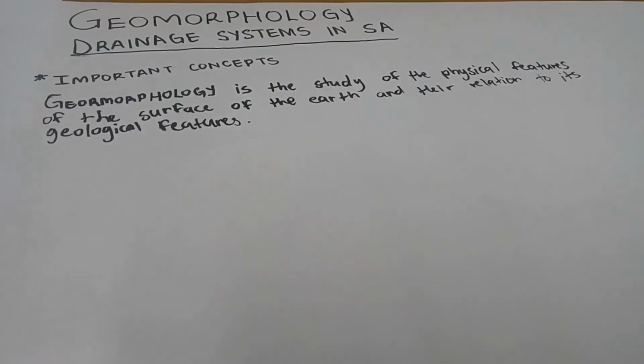So as we already gave the definition of geomorphology, which is the study of the physical features of the surface of the earth and their relation to its geological features, it creates a better understanding. They might ask this definition during your examinations.